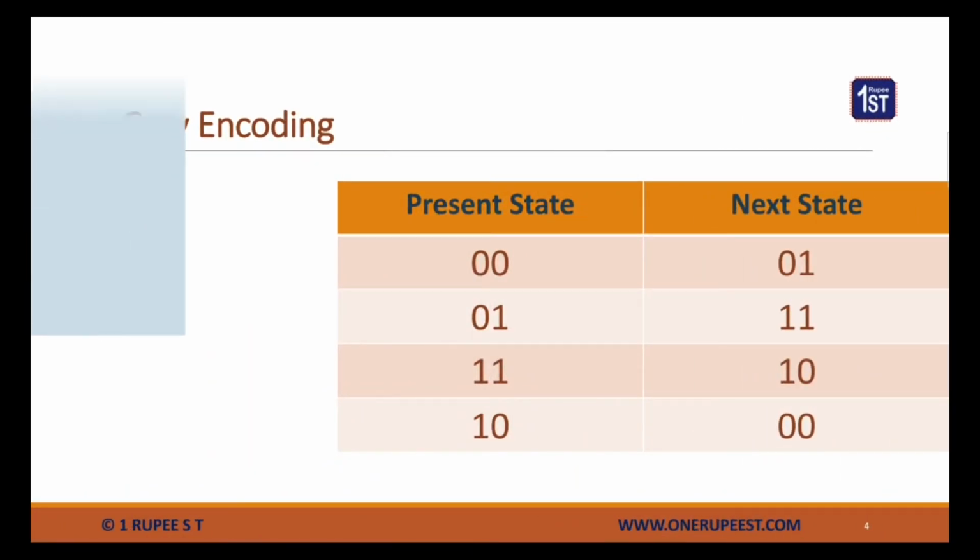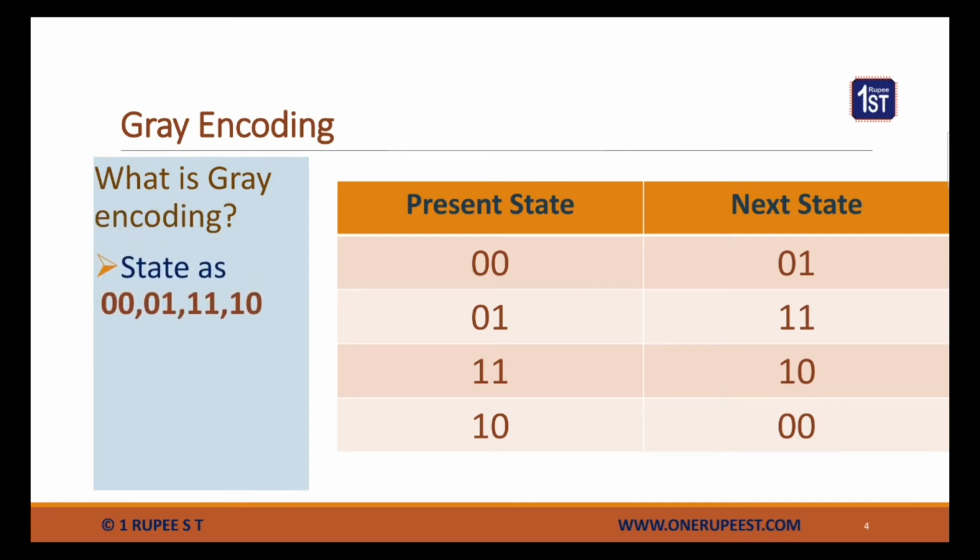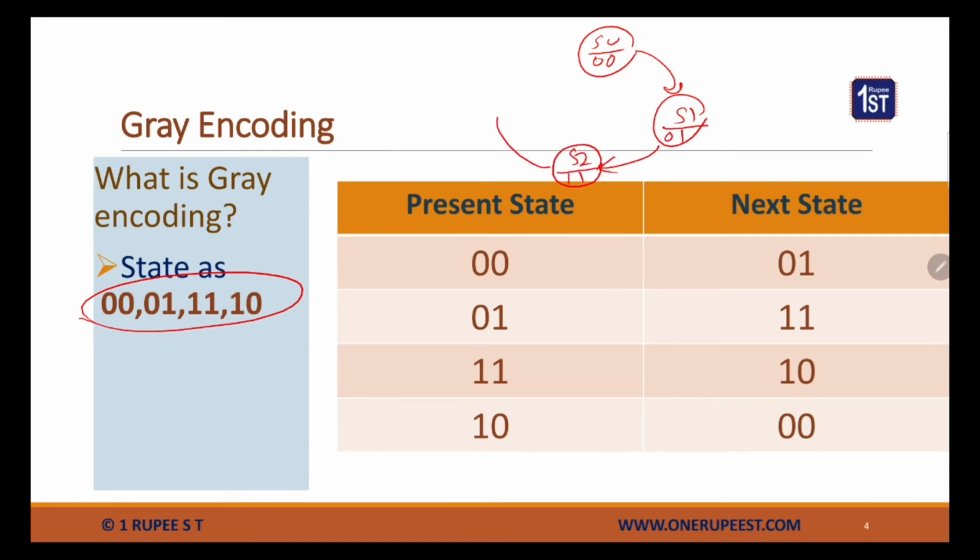Gray encoding. Already we have discussed gray codes, gray encoding. In that, for the states, I have S0 with output 00, S1 with output 01, S2 with output 11, S3 with output 10.